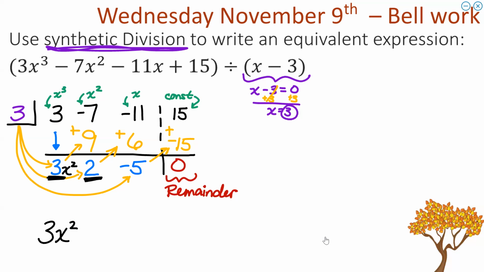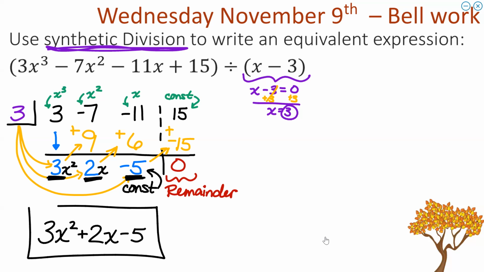What about with this 2? 2x. Positive or negative? Positive. So plus 2x. And then my -5? Yep, -5. This is my new constant. Since there was no remainder, I leave it just like this. That right there would get you full points on the test.